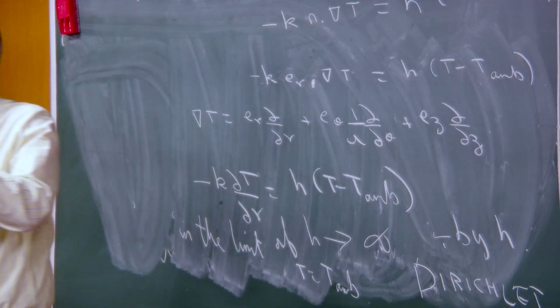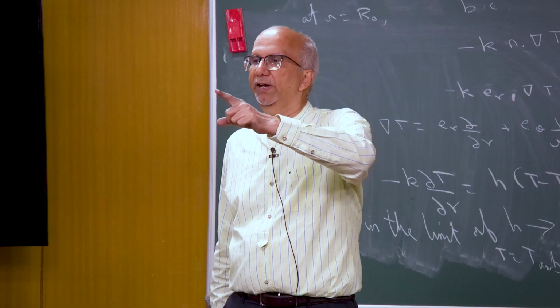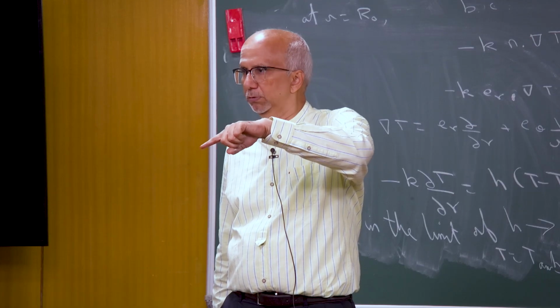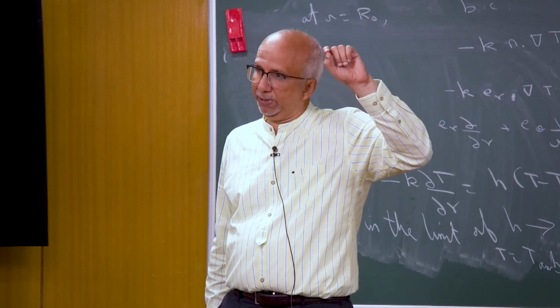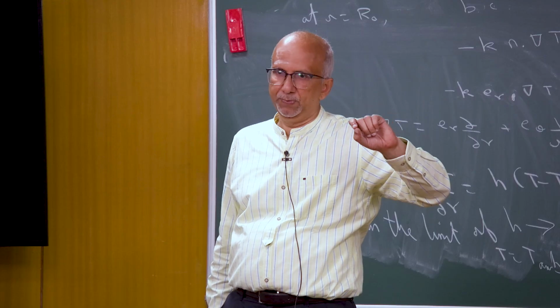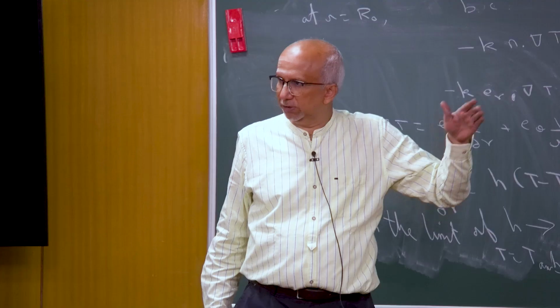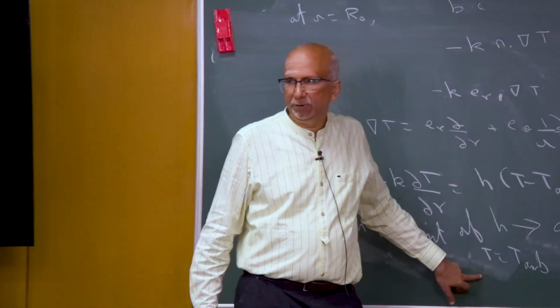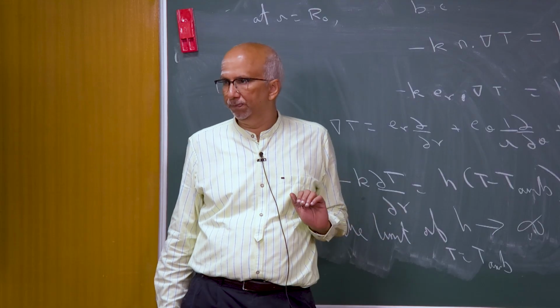I wanted to bring out the analogy with the fluid flow problem, where I said the velocity was 0 because of the no slip boundary condition. So in the fluid mechanical problem, when I specified Vz equal to 0 because of no slip, that is a Dirichlet condition. To make this analogous to that, I am taking the limit of h going to infinity, because now I also have a Dirichlet problem.